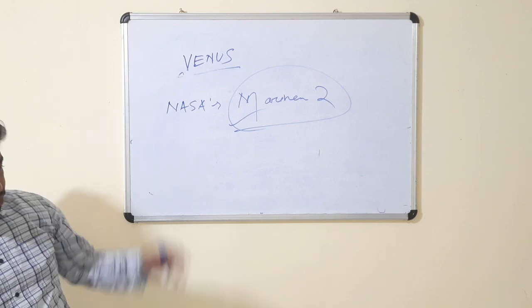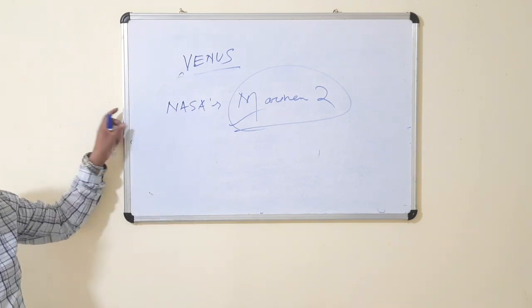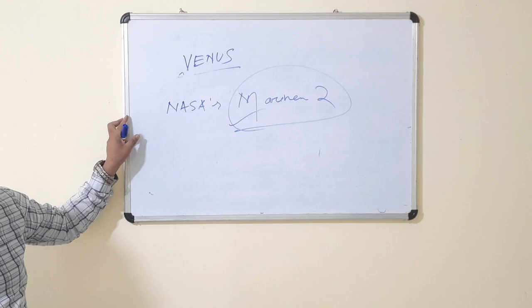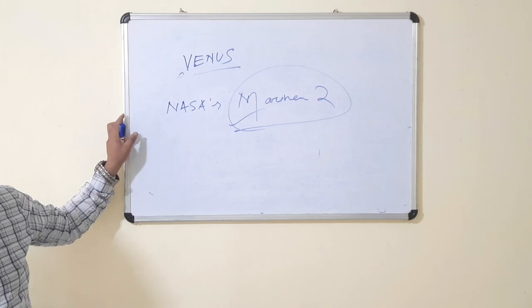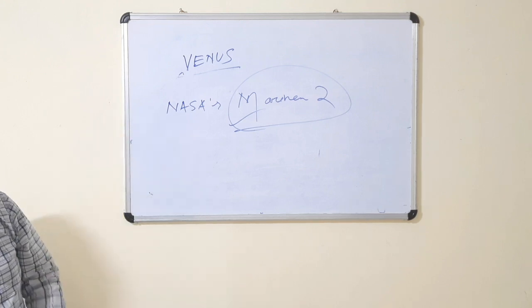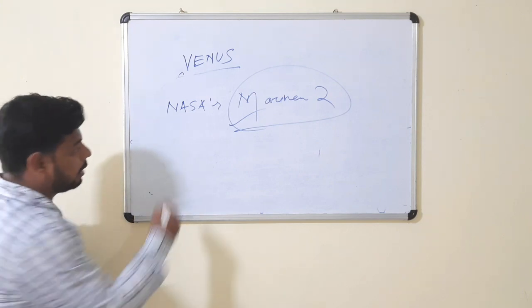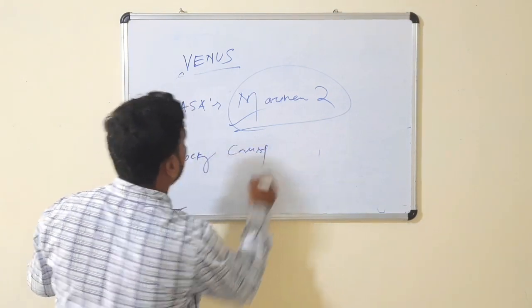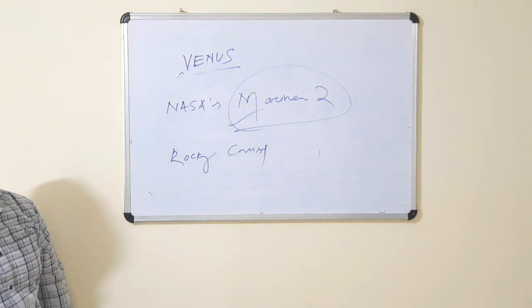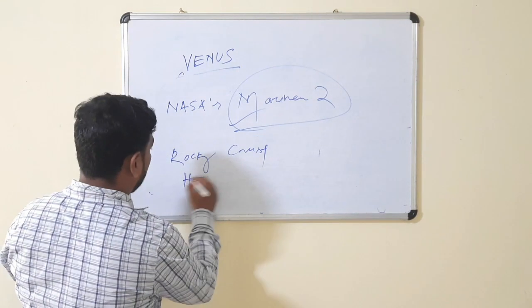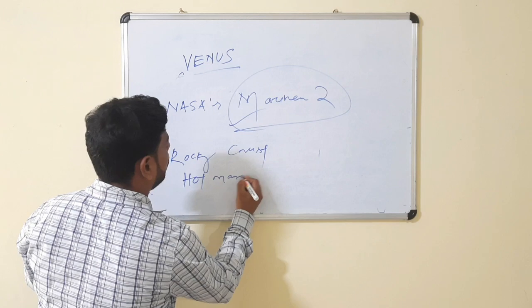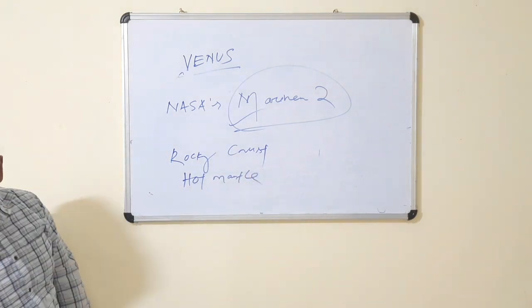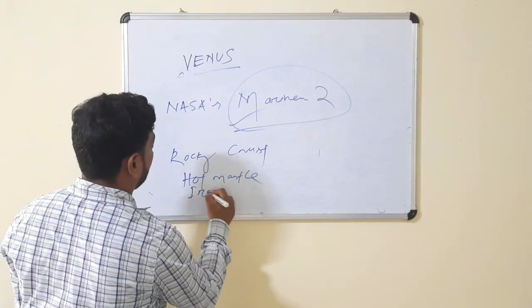Its structure also has a crust, mantle and core: a rocky crust, a hot mantle, and an iron core.